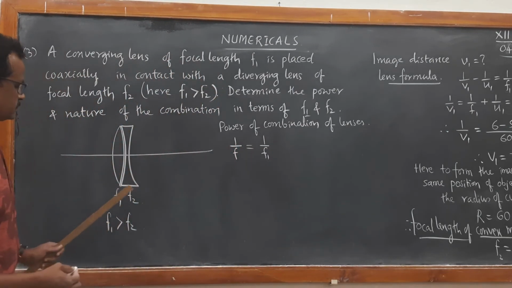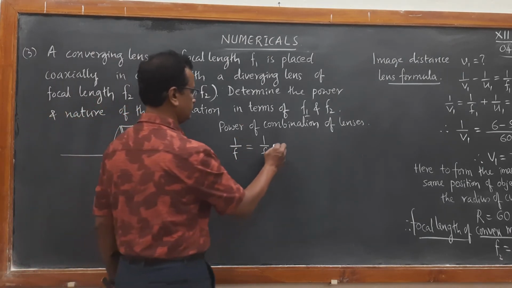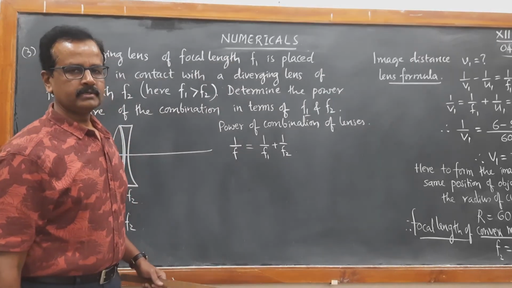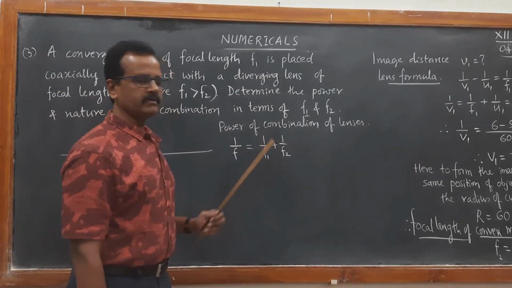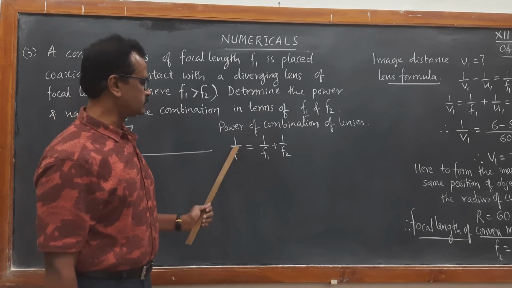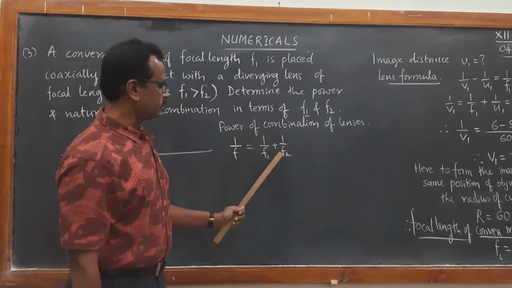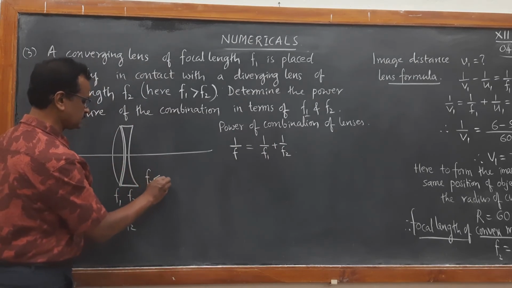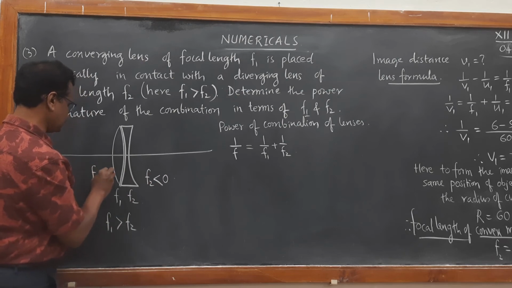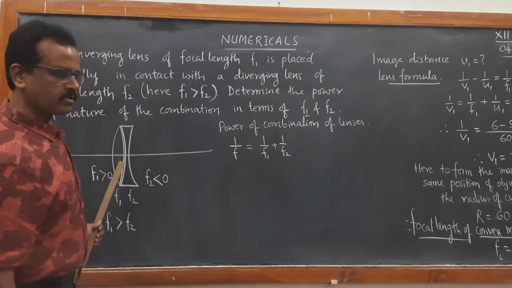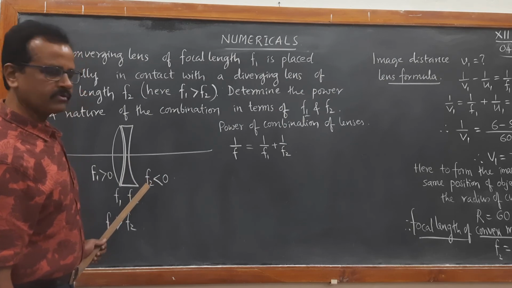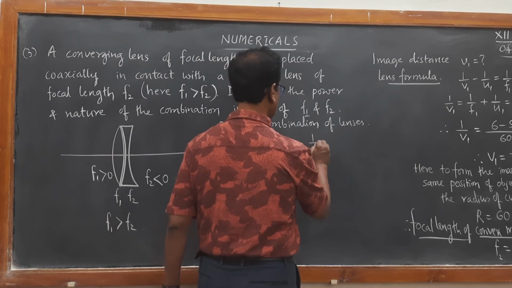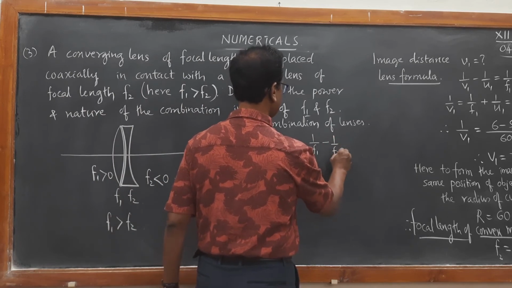Here 1 by f1 plus 1 by f2 is the actual equation for combination of lenses. This gives us power. Now the focal length of the diverging lens is negative: f2 is less than 0 and f1 is greater than 0. The focal length of a converging lens is positive, of a diverging lens negative. So this becomes 1 by f1 minus 1 by f2.